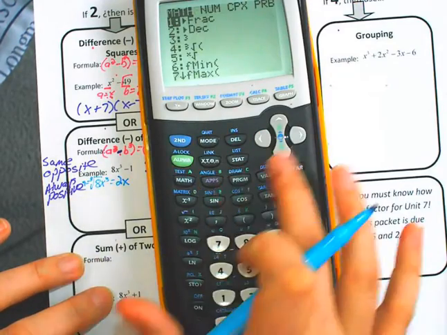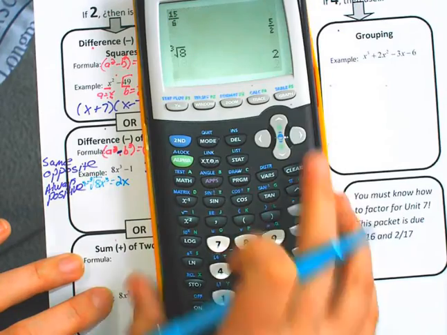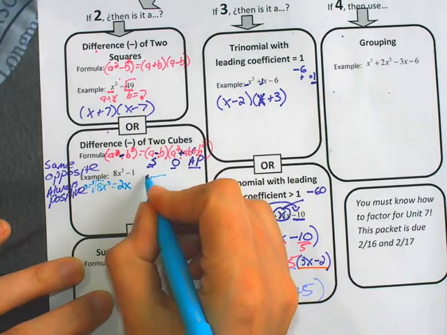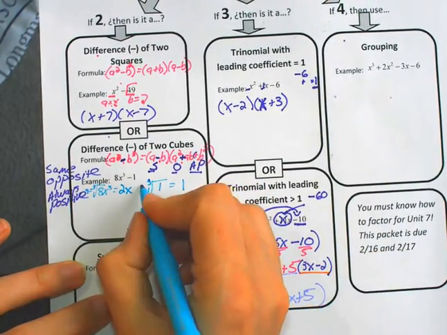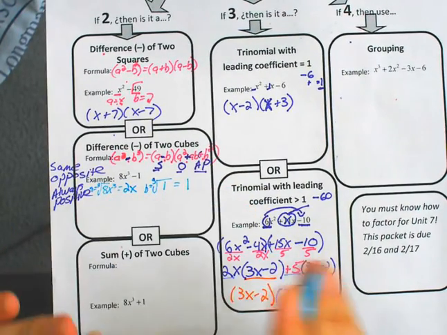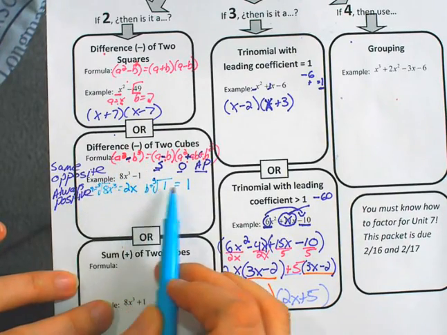But if you go to math, number 4, and put the 8 in there, that'll tell you what the cube root is. So I have 2x, and then the cube root of 1 is simply 1, and that's going to be my b. So b is 1, a is 2x. That's where you need to start. Once you recognize that it's the difference of cubes, you need to start here and tell me what my a and what my b is.